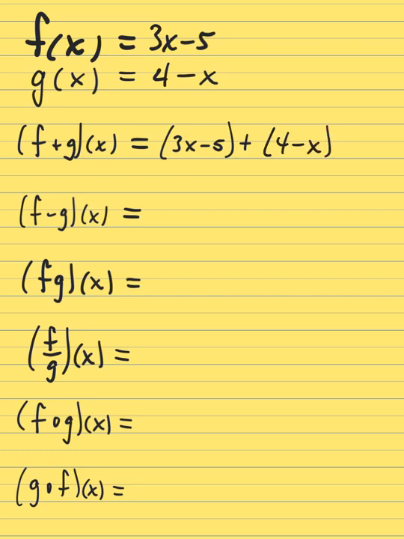If you're just adding, you can let go of both sets of parentheses, and that's going to give us 3x minus 5 plus 4 minus x. And when you combine like terms, 3x minus x, that's 2x. And negative 5 plus 4, that's negative 1. And you have your answer. That's the sum of those two functions.